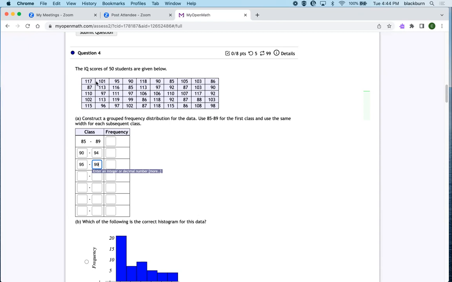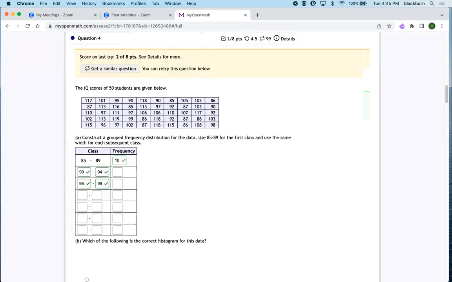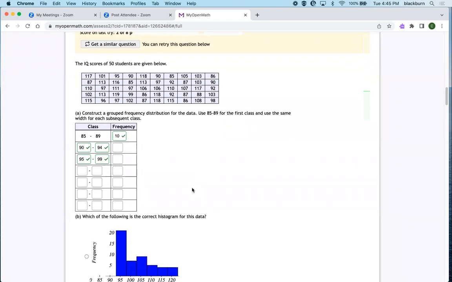So you would just count how many between 85 and 89. So 1, 2, 3, 4, 5, 6, 7, 8, 9, 10, it looks like. And then you put that frequency there. And you just keep going, and you would do that for the whole table.